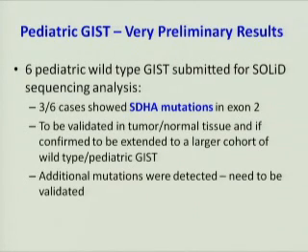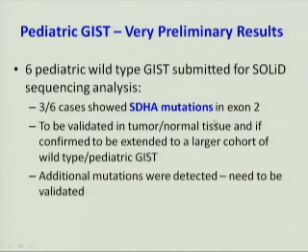So what we have so far: we tested 6 pediatric GISTs on this platform, and very exciting, 3 of these show SDHA mutations, the same family, succinate dehydrogenase A, in exon 2.